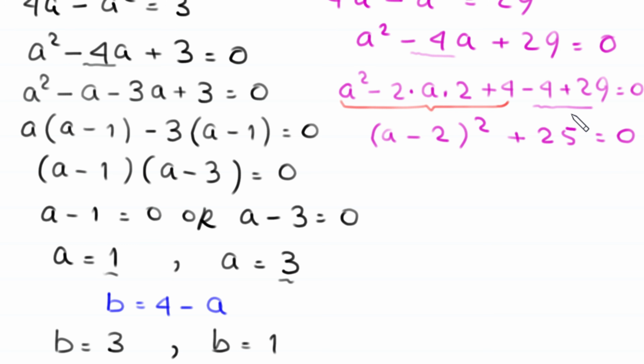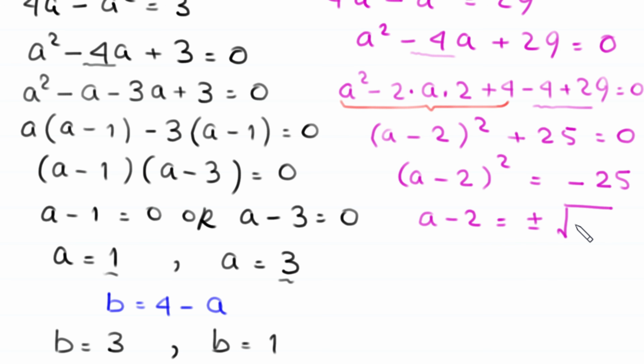Move this 25 to the right hand side. This will become a minus 2 whole squared equal to negative 25. If we take a square root of both sides, this implies that a minus 2 is equal to plus minus root negative 25, and this will become a is equal to 2 plus minus 5i.